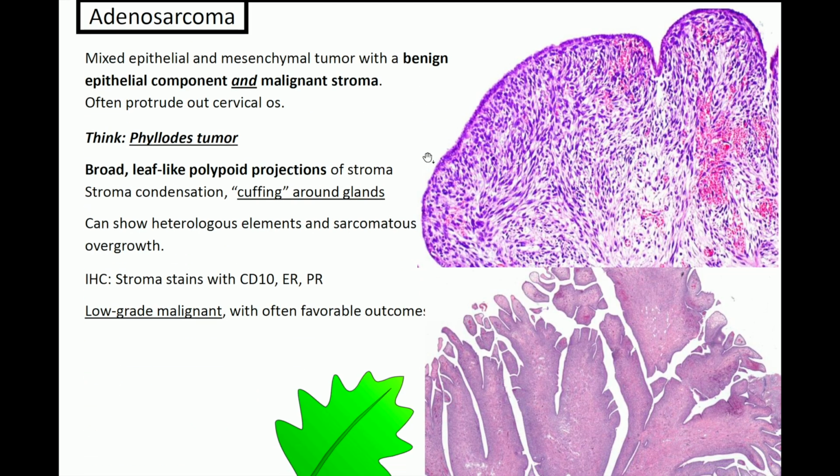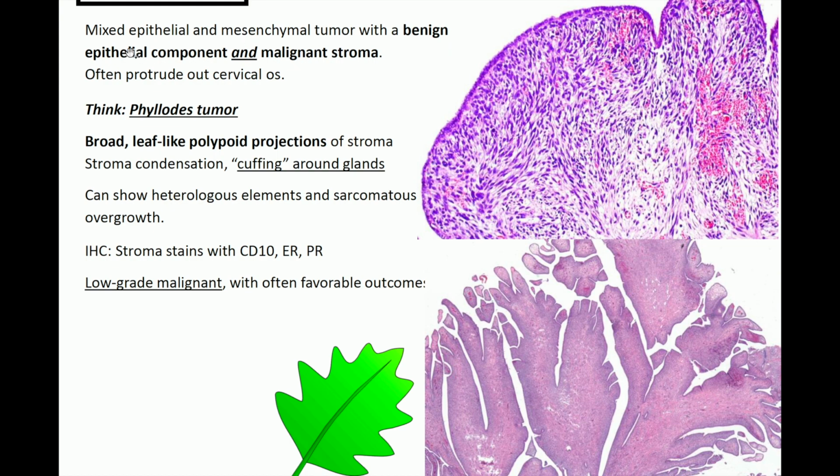Next up, we've got adenosarcoma. So this is a mixed epithelial and mesenchymal tumor with a benign epithelial component and malignant stroma. Often protrudes out of the cervical os, and at low power, you may look at this and be like, oh wow, that looks a lot like a phyllodes tumor.